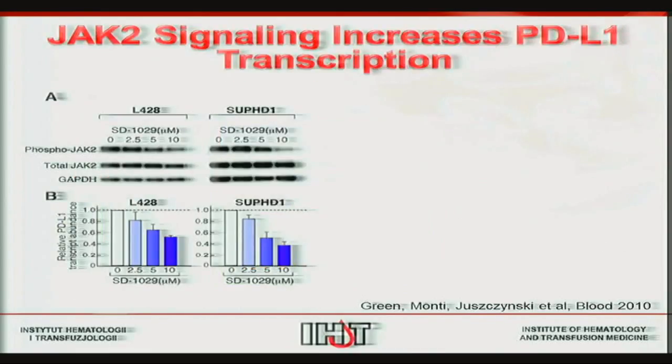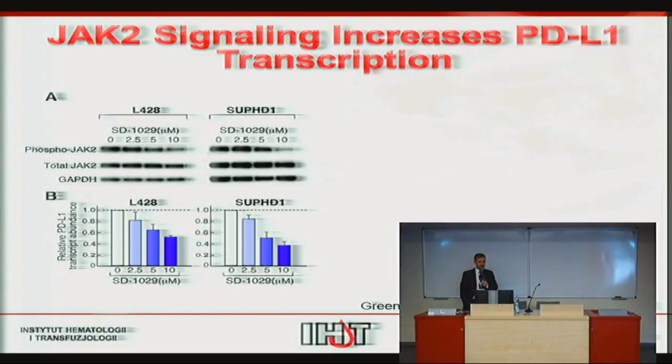So the question we asked was whether by inhibiting JAK2 we can decrease expression of PDL1 and PDL2. To answer that question, we used a JAK2 inhibitor that was at that time in clinical testing. The inhibitor acts on target by decreasing JAK2 phosphorylation, and in parallel that was associated with decreased transcript abundance of PDL1 and PDL2 as well.